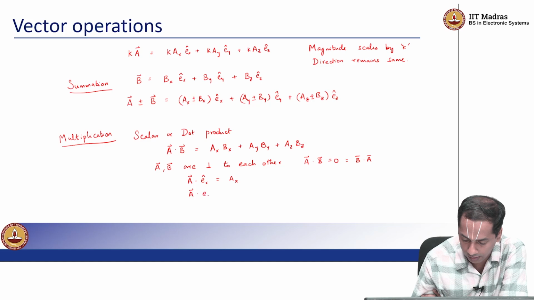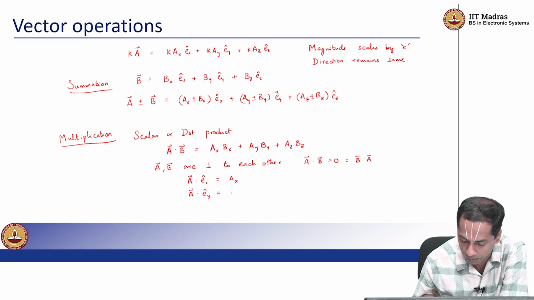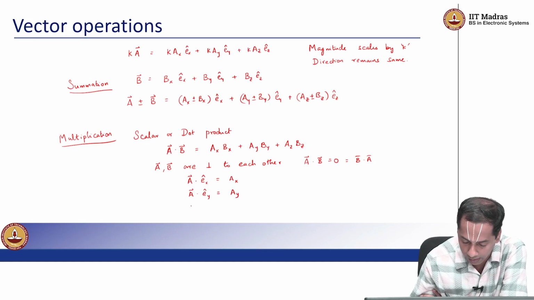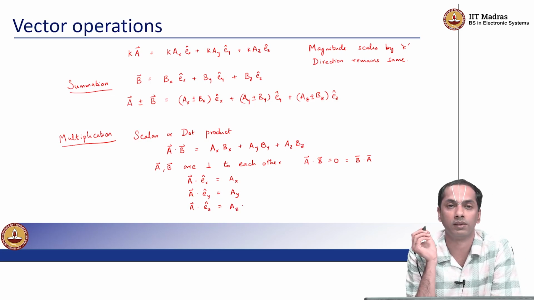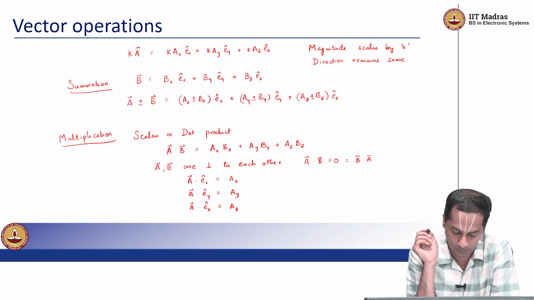So if I need the y component of the vector A, all I have to do is just get a dot product with the unit vector along the direction in which you would like to extract the component value of A, right? So I can essentially write these relations where A, when you take the dot product with the unit vectors ex, ey, ez, gives us the respective components Ax, Ay and Az, scalar numbers, right?